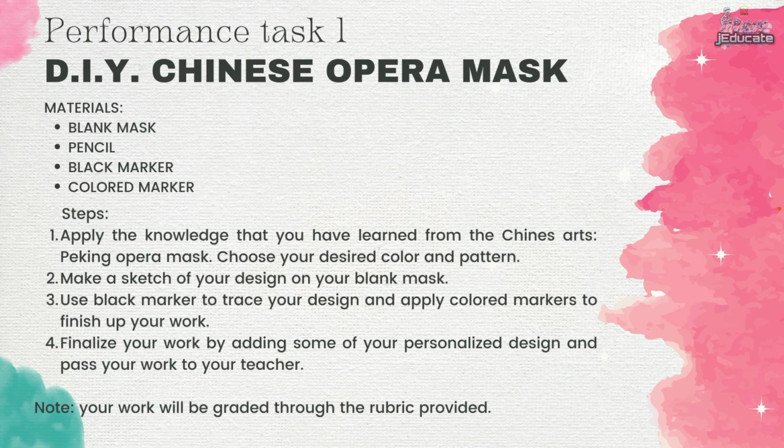For further understanding about the topic, let's have performance task 1. DIY Chinese opera mask. Materials: blank mask, pencil, black marker, colored marker or acrylic paint, and paint brush. Steps: 1. Apply the knowledge that you have learned from the Chinese arts, Peking opera mask.